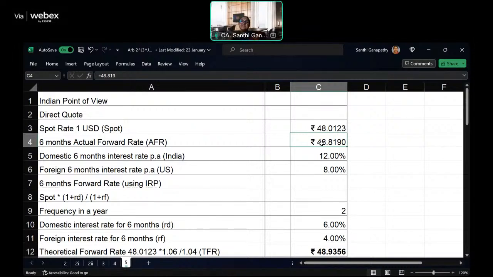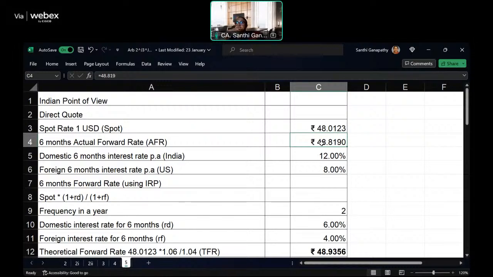Now, I will take a decision where to borrow, where to invest based on whether the actual forward rate is costlier or cheaper. If actual forward rate is costlier than theoretical forward rate, I will borrow domestic, invest foreign.